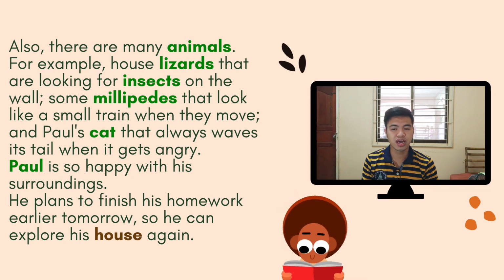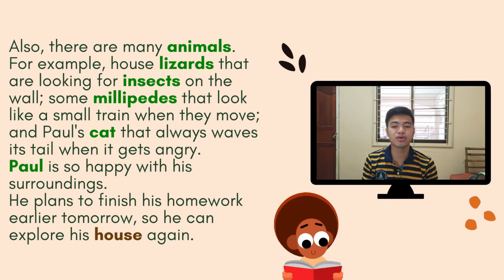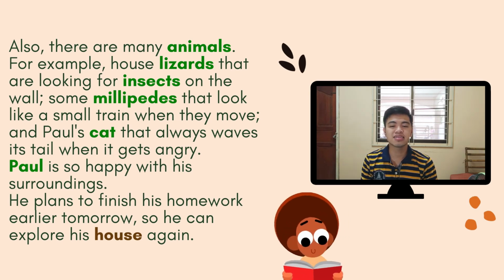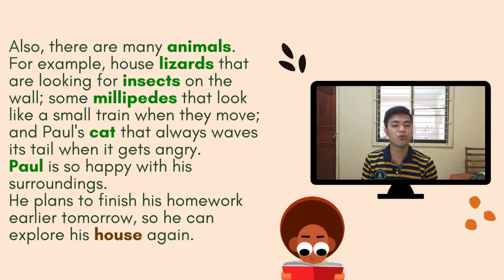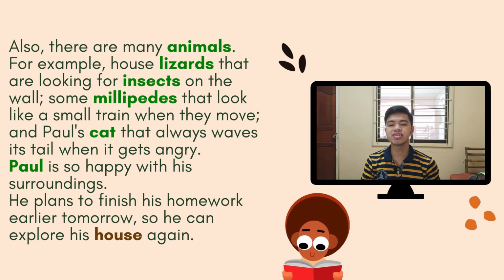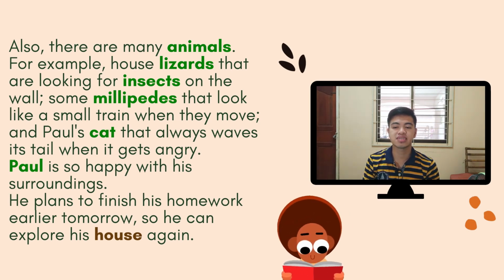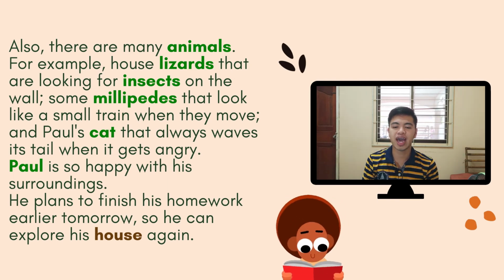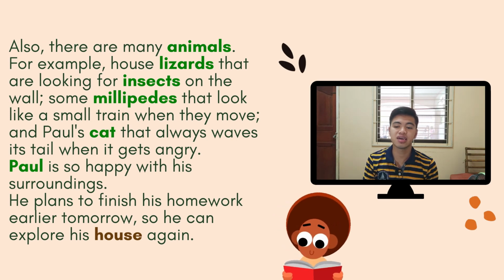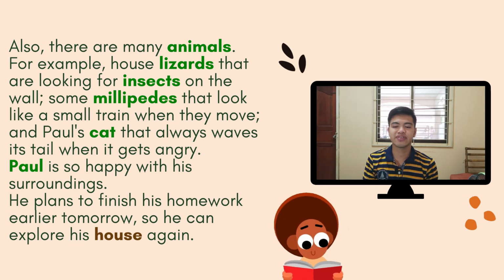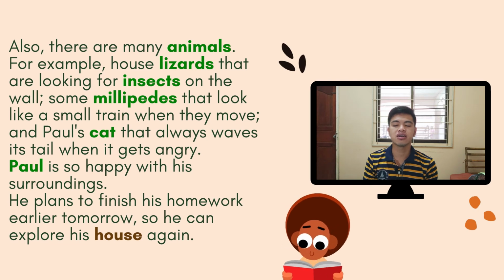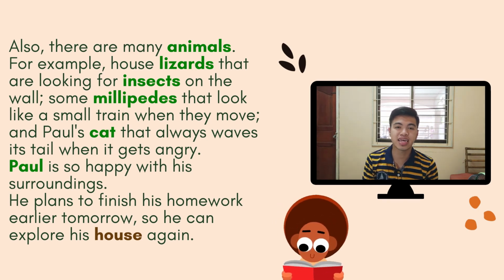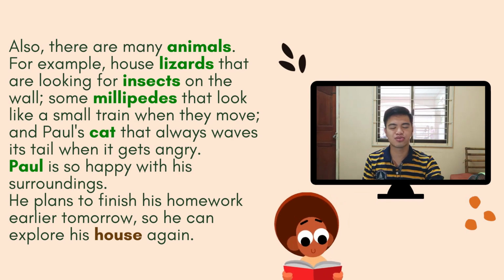For example, house lizards that are looking for insects on the wall, some millipedes that look like a small train when they move, and Paul's cat that always waves its tail when it gets angry. Paul is so happy with his surroundings. He plans to finish his homework earlier tomorrow so he can explore his house again. So that is our story.